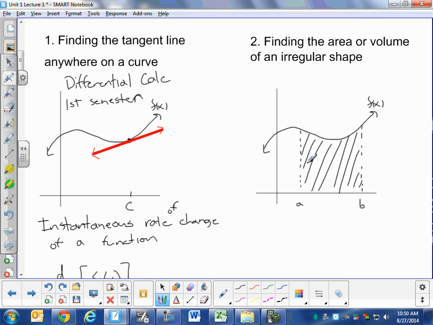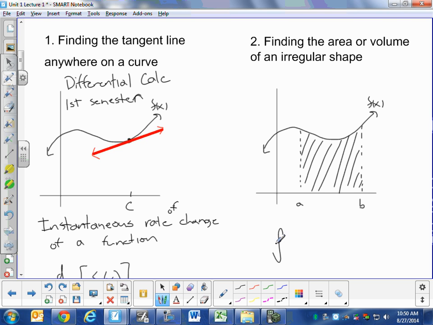To do this, we are going to slice this into infinitely many rectangles that are infinitely skinny, and we will sum that infinite amount of rectangles together to give us an exact amount. Seems crazy, I know, but don't worry, you'll do it.